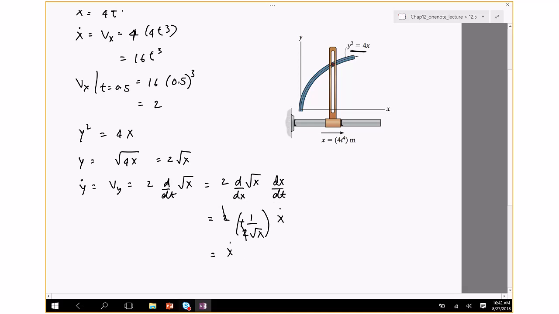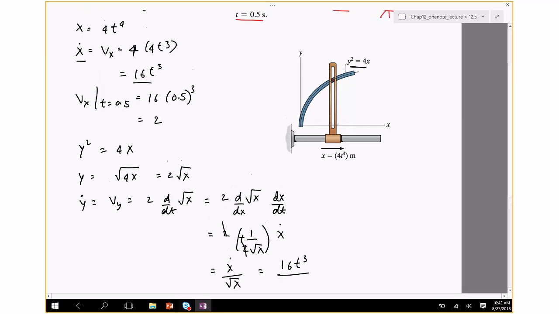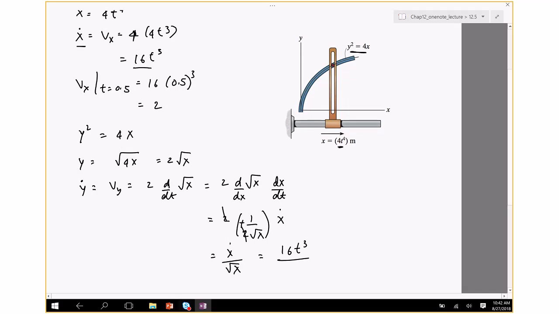So x dot divided by square root of x. x dot is right here, it's 16t cubed. And for square root of x, I need to take the square root of 4t raised to 4. So 16t cubed divided by 2t squared, that's 8t.